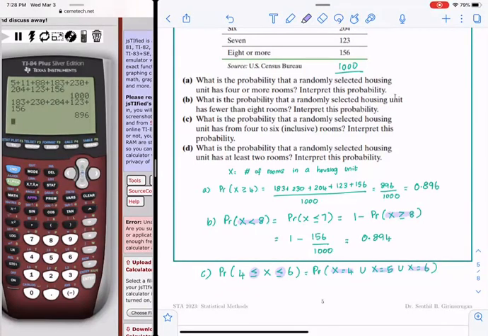But the key thing here is that the events are disjoint. If a housing unit has exactly 4 rooms, we can't say that it also has exactly 5 rooms. If it has 5 rooms, we can't say it has exactly 6 rooms. So at any given time, only one of the 3 events, let me call them A, B, and C, could happen. So A, B, C are mutually exclusive.